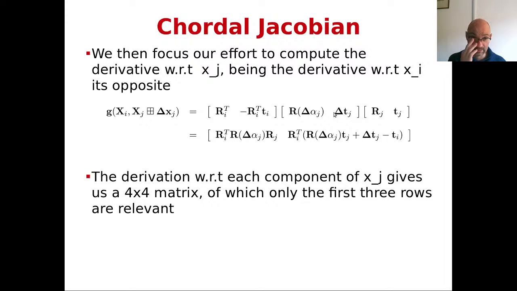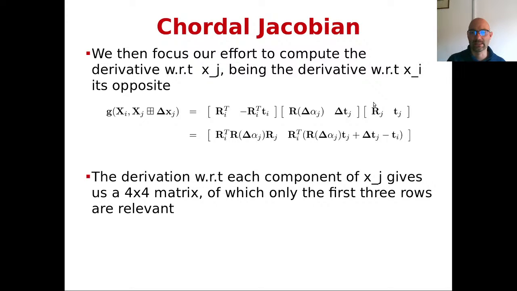Okay? By doing these products, if you take a pen and paper and you do these products, you will figure out that the derivative of G with respect to delta xj has the following form. So this is the first matrix, this is the second matrix, the matrix of the perturbation, this is the third matrix. Now if you do the products, well, the products of the rotation is this times this times this. Quite fine.